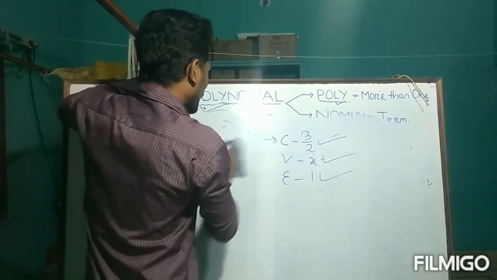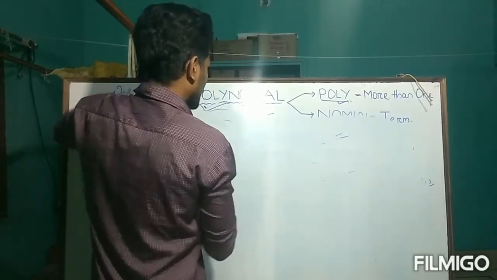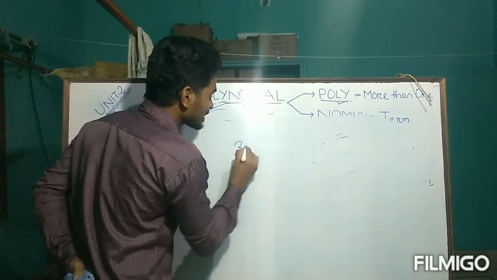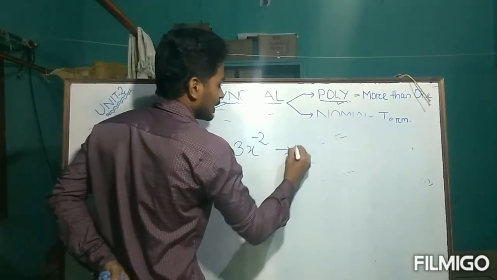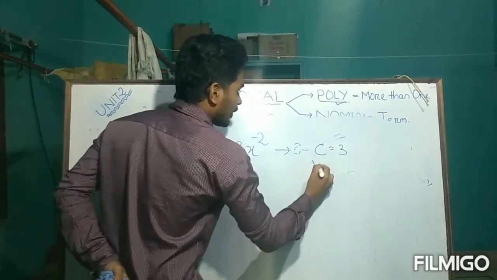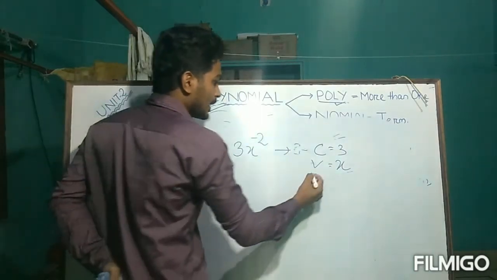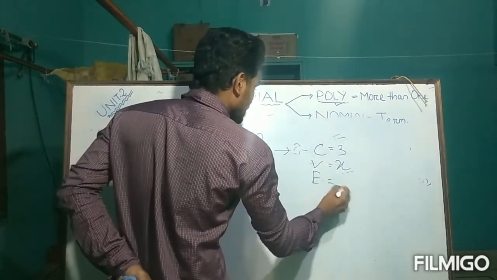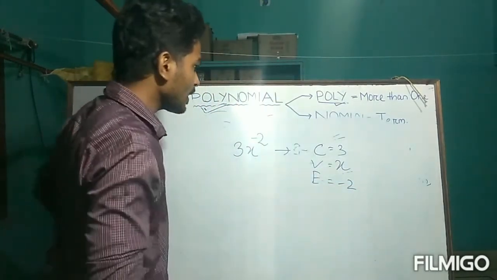Let us take one more example. 3x to the power minus 2. Here 3 is the coefficient, the variable is x, and the exponent is minus 2. Then is it a polynomial?